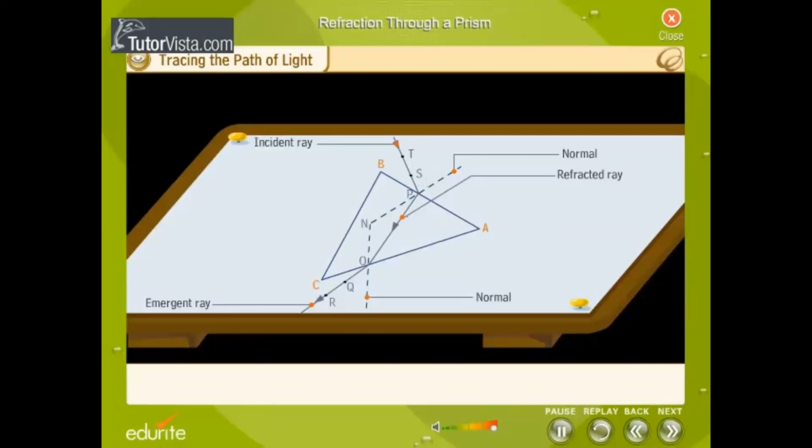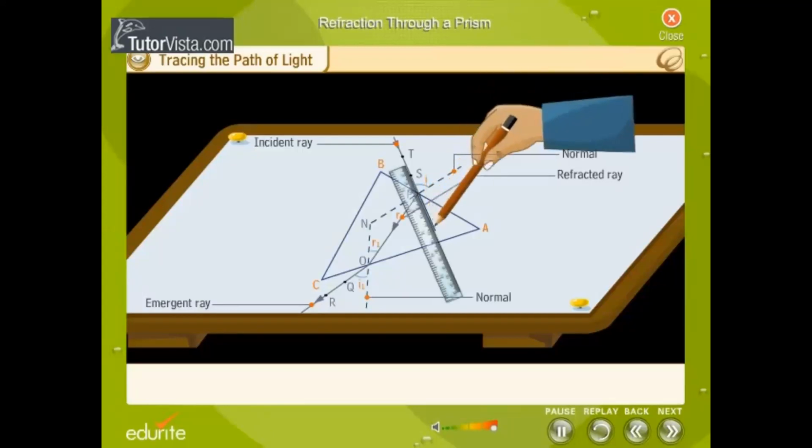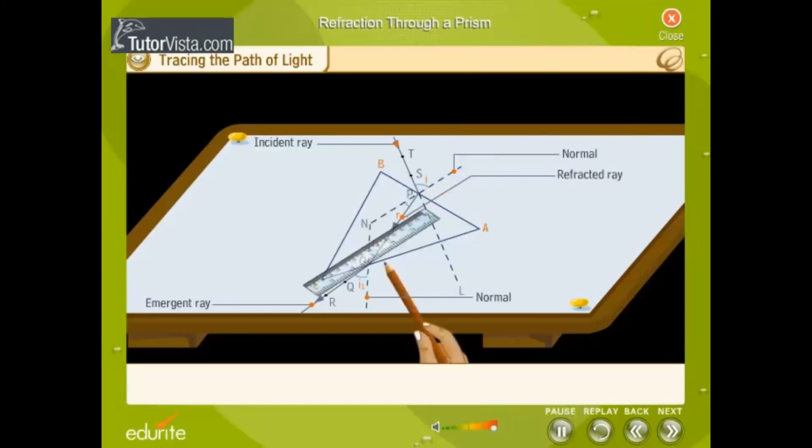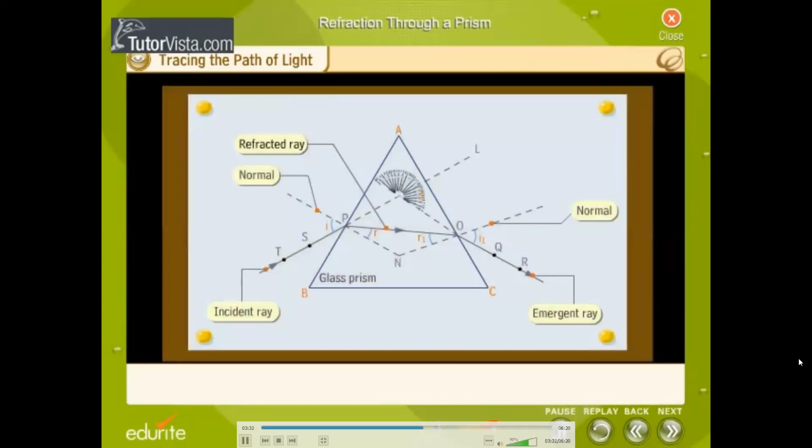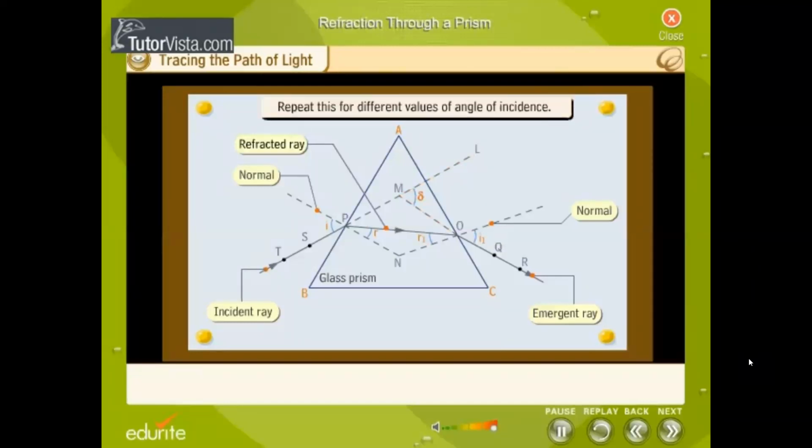And let I be the angle of incidence and R the angle of refraction. If the incident ray TP is extended forward and the emergent ray RO backwards, they meet at M, forming the angle OML. Measure the angle OML. This angle is called the angle of deviation. Angle of deviation is the angle through which an incident ray deviates. Repeat this for different values of angle of incidence.